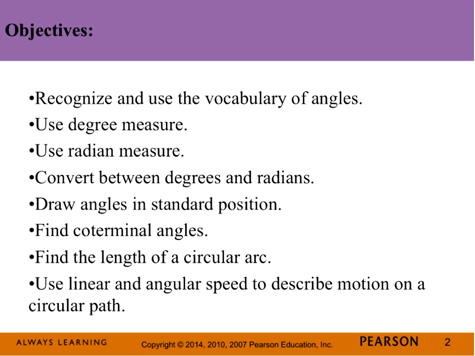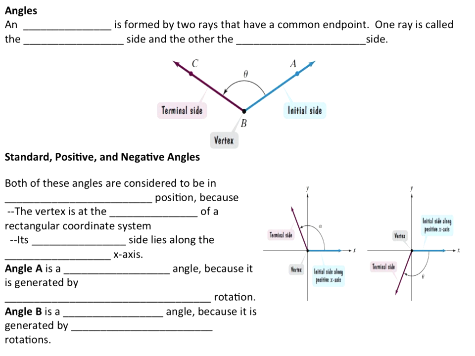We'll talk about angles in standard position, coterminal angles, length of circular arcs, and then we'll do one application problem with linear and angular speed. I found a sweet picture online that helped me wrap my brain around linear and angular speed, so hopefully it'll help you too.